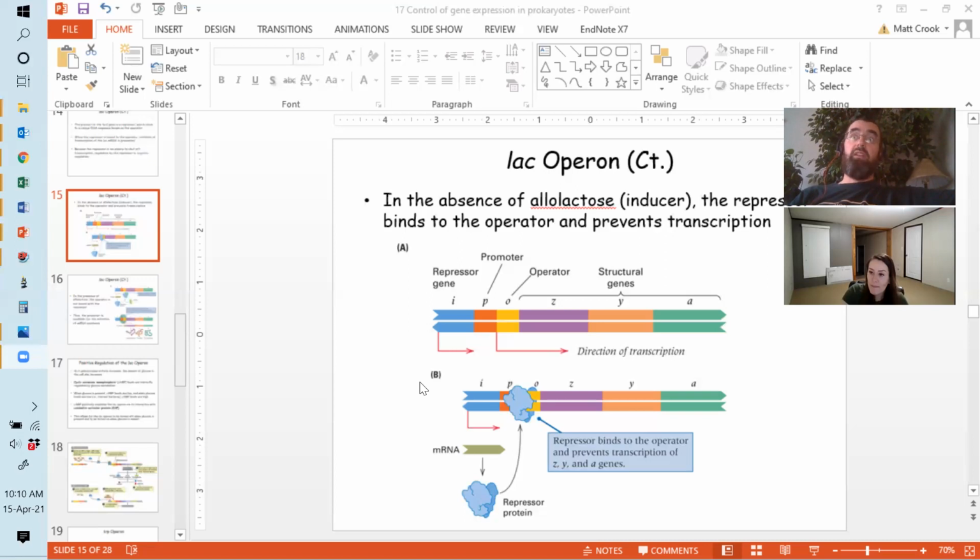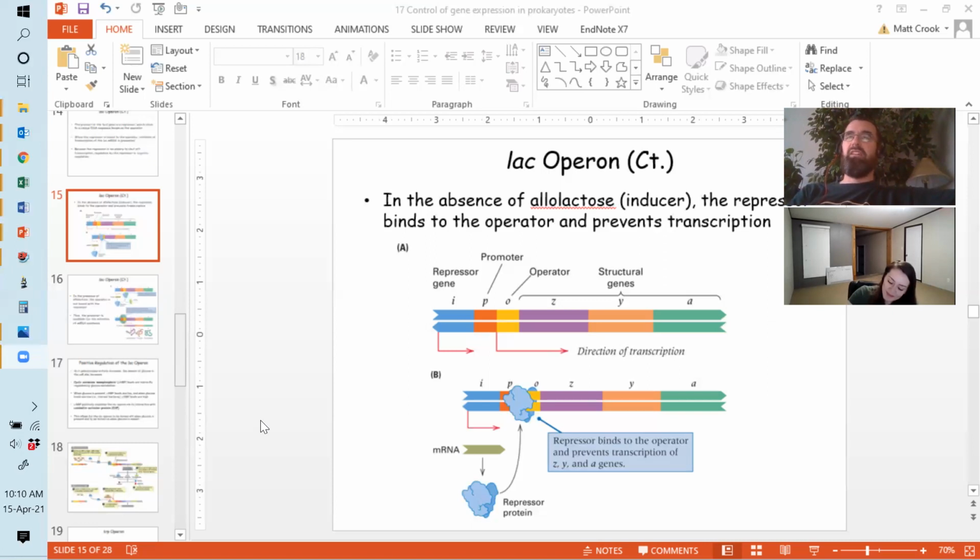But once you have enough tryptophan, well, you want to turn it off, right? So the trp operon is repressible. So this is all about the trp operon being on, but you want to be able to turn it off once tryptophan levels reach a certain level, I guess.